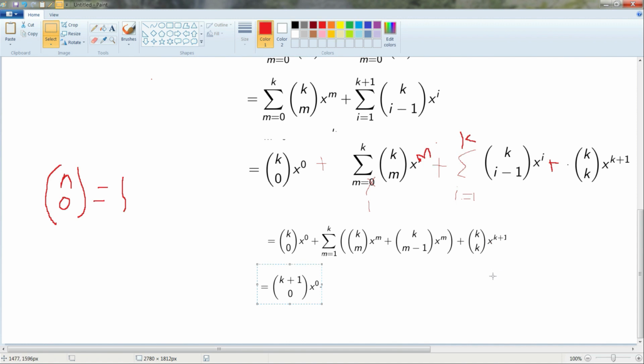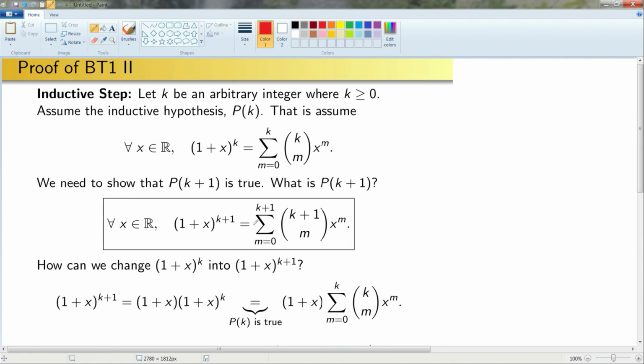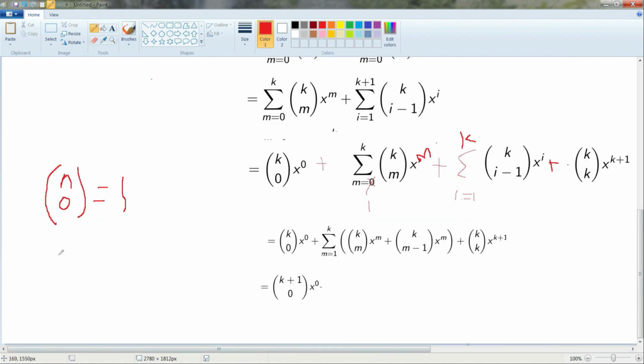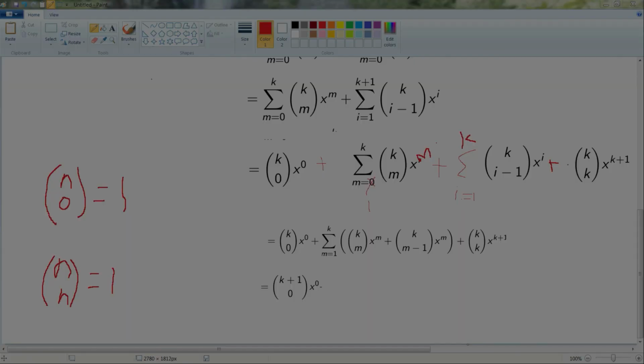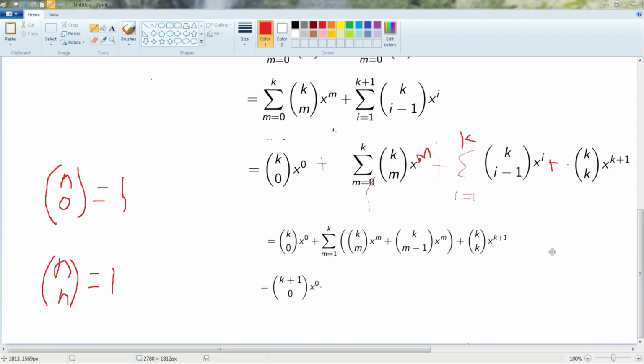Next, I can note k choose k. Well, how could I change that to k plus 1 choose k plus 1? Because that's the term I need over here. Well, n choose n was also equal to 1 for all non-negative integers n. So here I can change this k choose k to k plus 1 choose k plus 1 trivially. So here, this last expression can be written out like that.